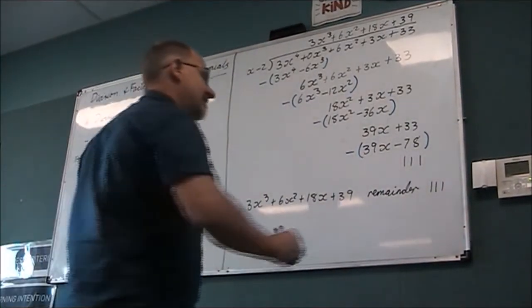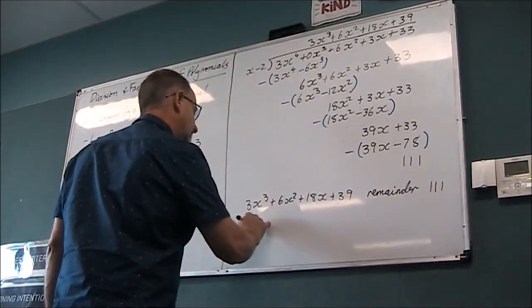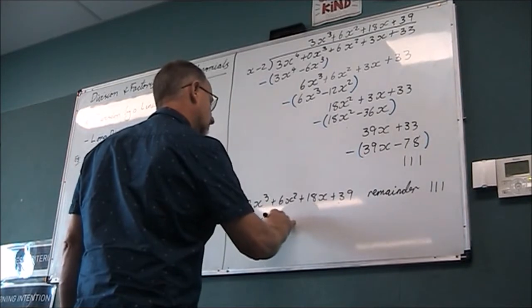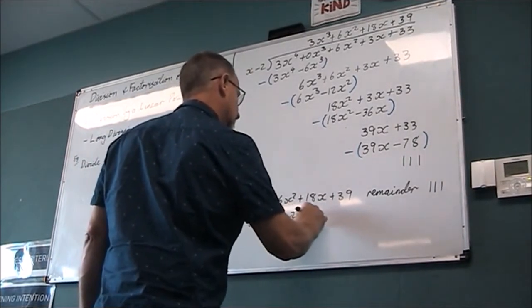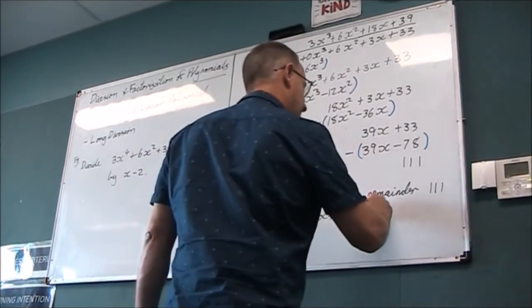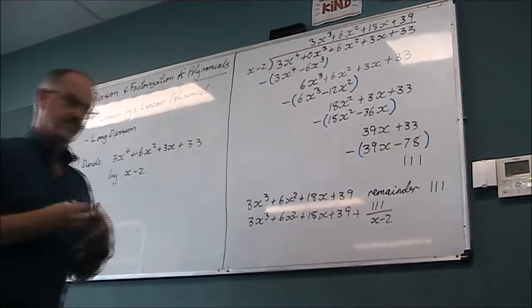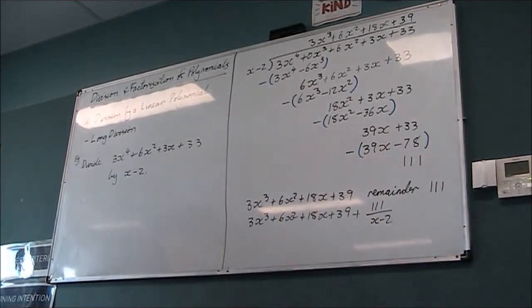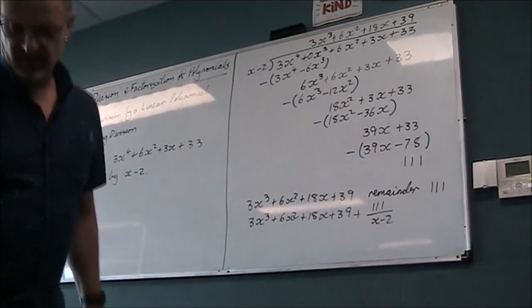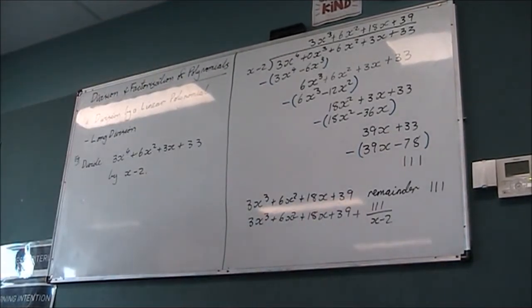Alright, so the remainder could also be written as 111 over x minus 2. Alright, so that's long division.